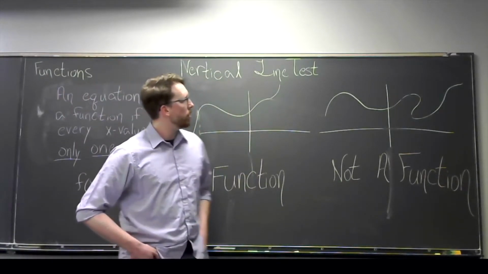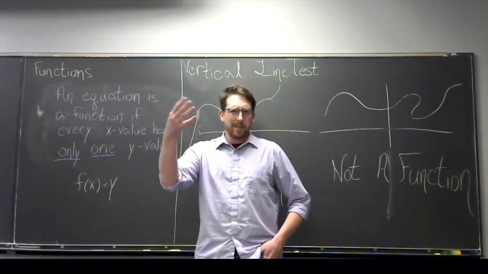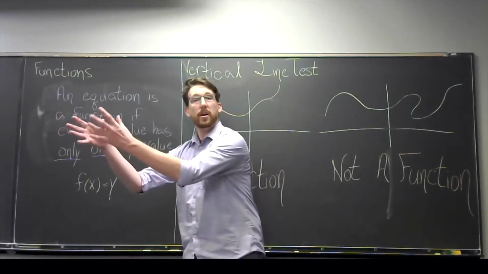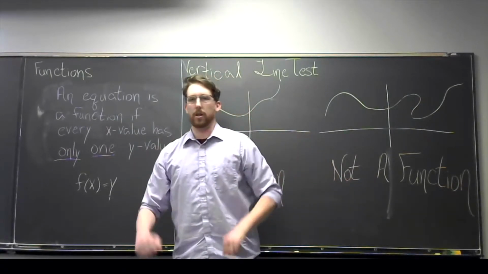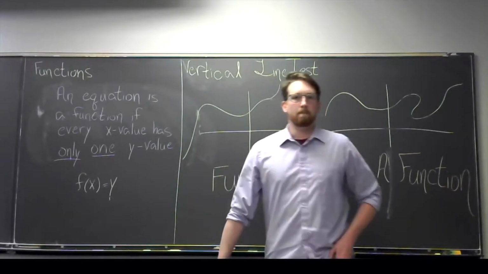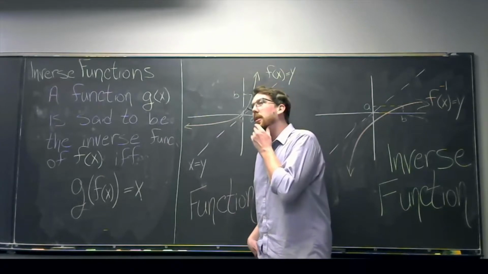All right. Well, a function says, let's take an x and get to y. But what if we wanted to take a y and get back to x? What would that look like? Let's think about what I just asked.